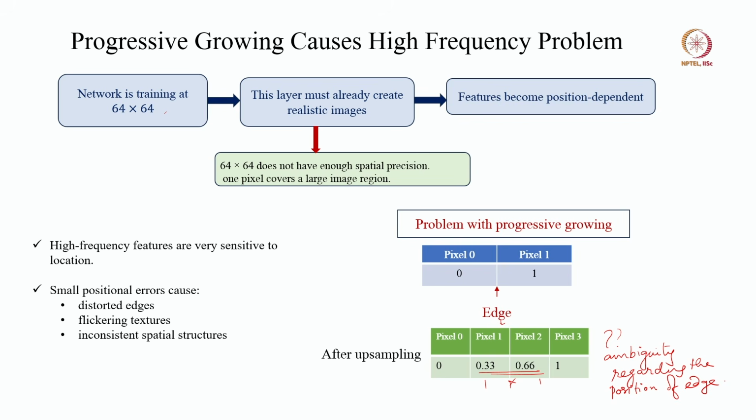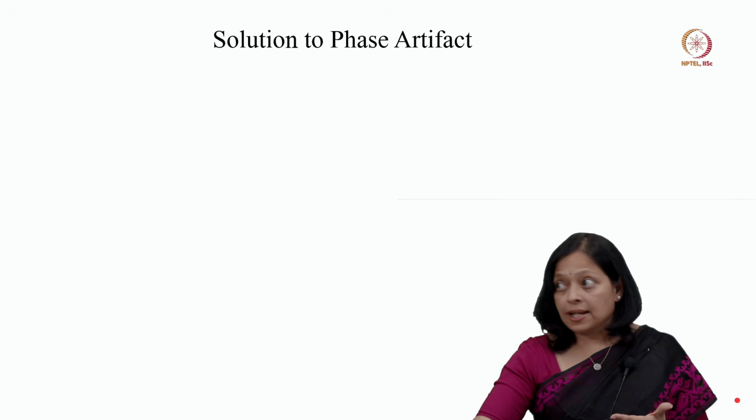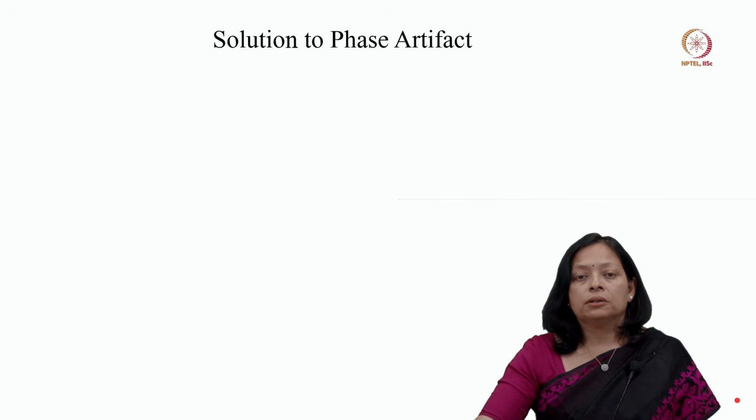So, this misalignment of spatial features comes with upsampling, and this becomes a very significant problem in case of high frequency features, because these high frequency features are very much position sensitive. That is the entire reason why we are getting artifacts like these phase artifacts in StyleGAN. So, we have seen that the phase artifacts come because of the progressive growing.